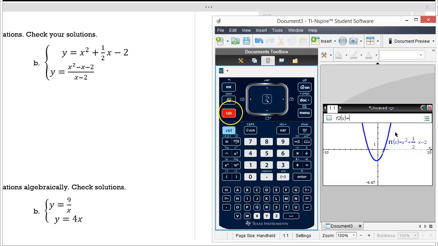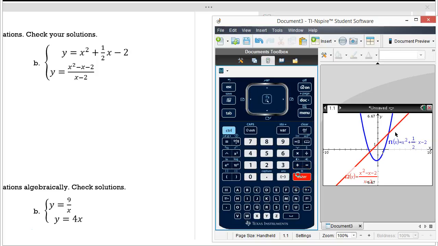Enter. Tab to get our next one, and make that a fraction: x squared minus x minus 2 all over x minus 2.